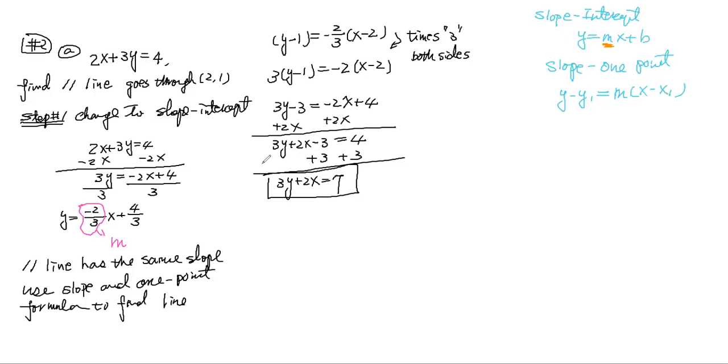And then the next one is part B. I want to find the line that goes through. Let's use the next page, it will be better. On the next page, part B, I want to find a perpendicular line.